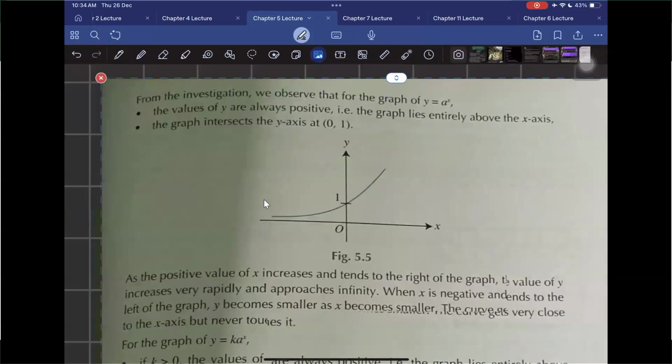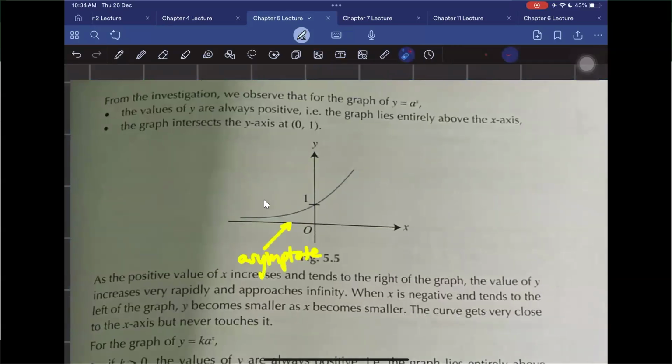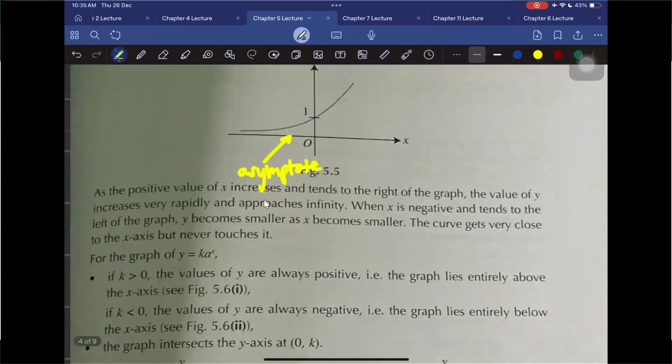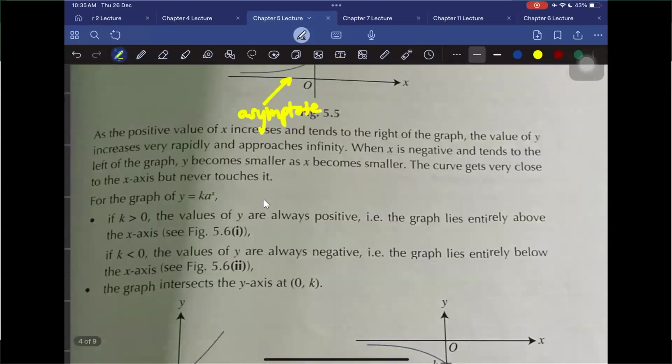Okay, so something you need to know for this graph is how to find the y-intercept. You find the y-intercept by equating x to 0, and anything to the power of 0 gives you 1. Okay, so let's take a look at this.